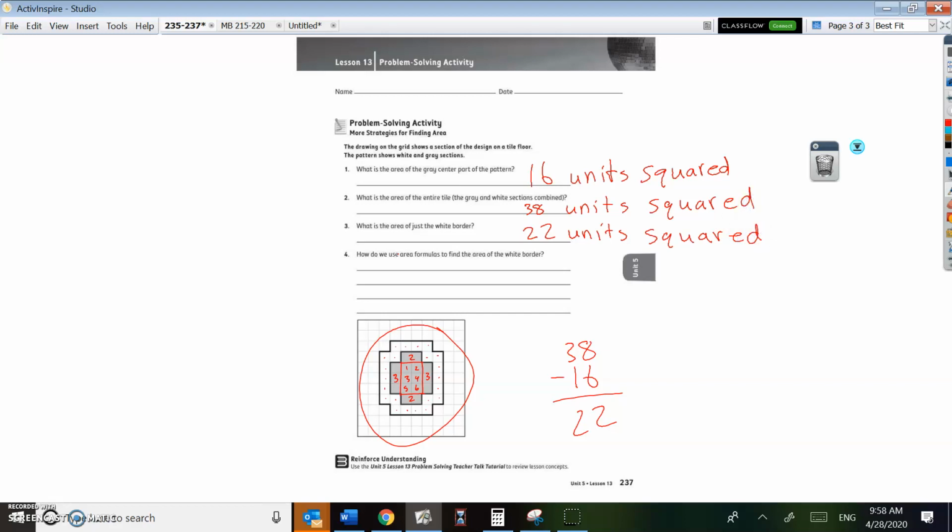How do we use area formulas to find the area of the white border? So we know that the area of the white and gray, we can subtract the gray to get the white.